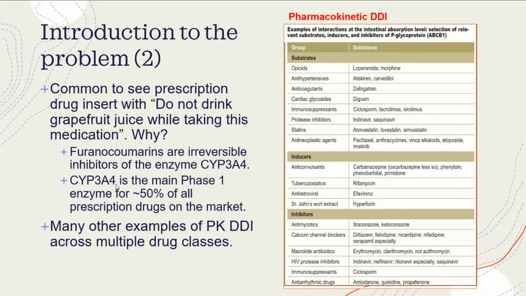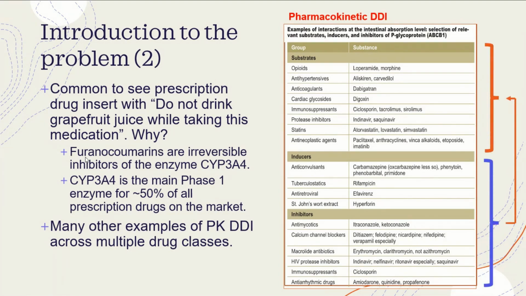So 50% of the drugs are using CYP3A4 to metabolize the drug, leading it to higher excretion, and grapefruit juice is going to mess with that ADME balance for the drug. But there are many cases, not just 3A4, any of those enzymes that are part of the phase 1, phase 2, and phase 3 system.